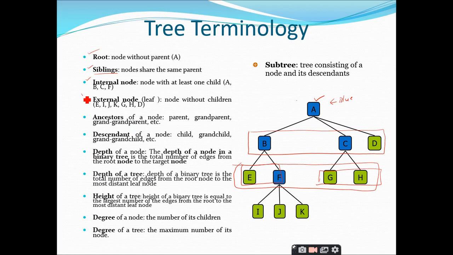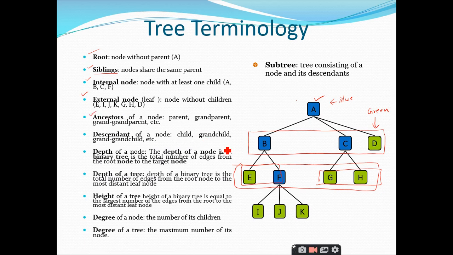And coming to external nodes, the leaf nodes are otherwise called external nodes. In other terms, the nodes which do not have any child node are called external nodes. So E, I, J, K, G, H and D are the external nodes, and in this diagram they are represented in green color.